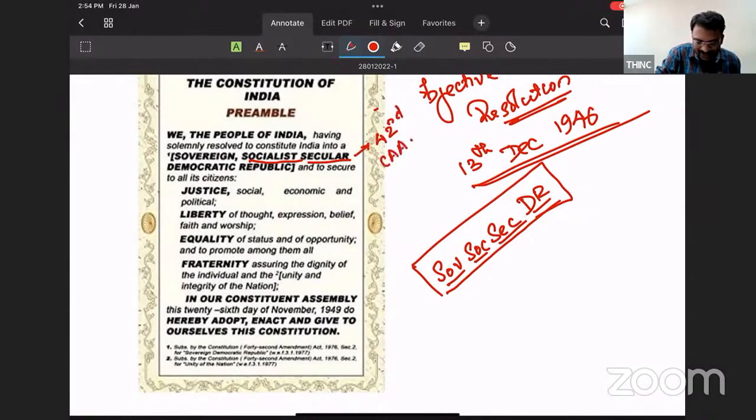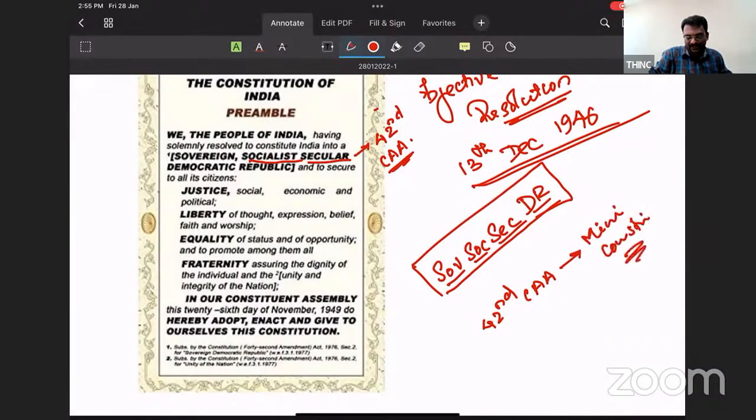A constitutional amendment simply means changes or edits made to the constitution. The 42nd amendment was done by Indira Gandhi, and it is also known as the mini constitution.